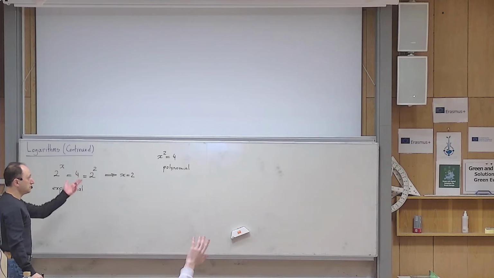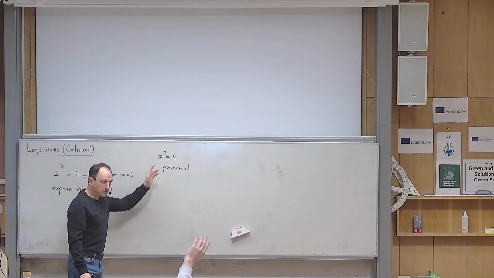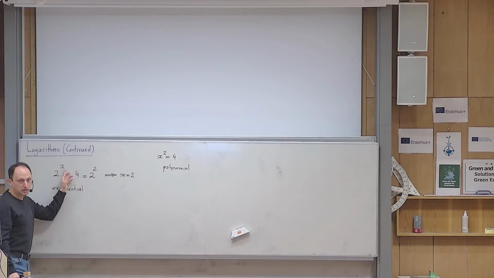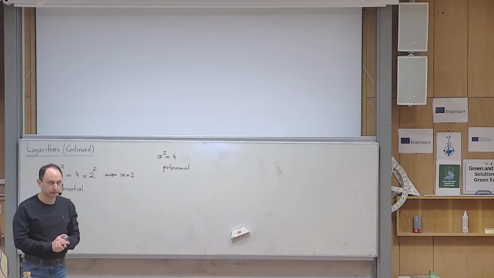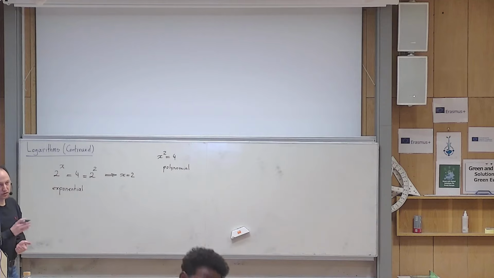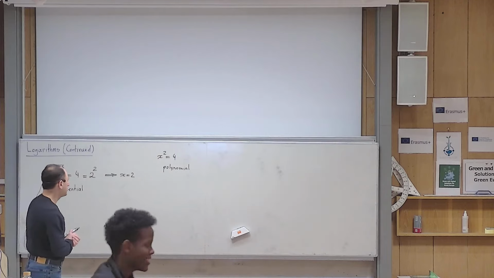But these kinds of equations are called polynomial equations. Polynomial equations are the equations in which the unknown is in the base. The exponential equations are equations in which the unknown is in the exponent. What is it called if both the base and the exponent are variables? There's no name for it then. That function, for example, x to the power x, has not a very particular name in mathematics.